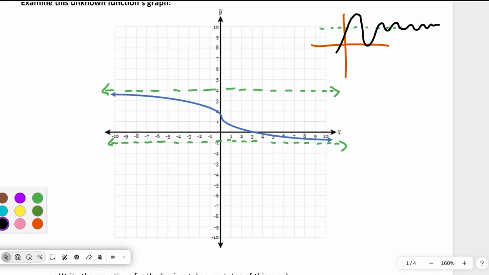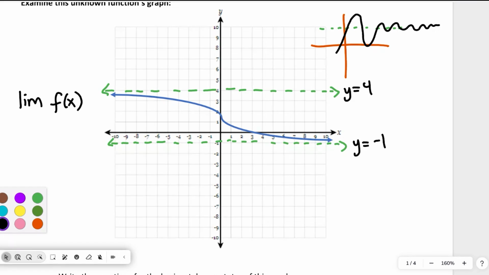Now, if we look at these two asymptotes, we can see we have one at y equals 4 and one at y equals -1. The way that we're going to describe these asymptotes using limit notation is to say the limit of f of x as x goes to the left, which is negative infinity, is 4.